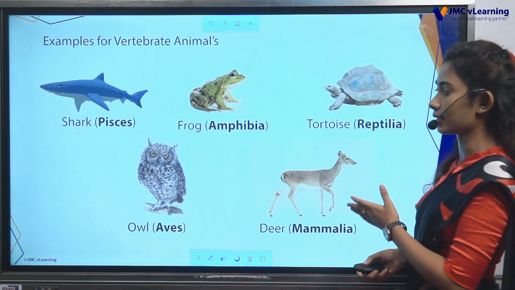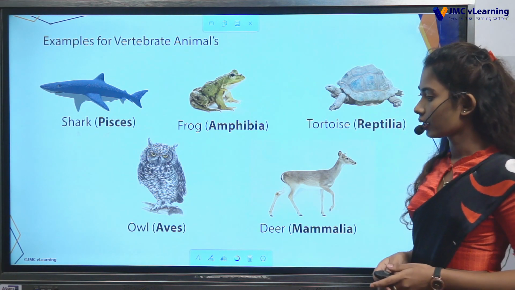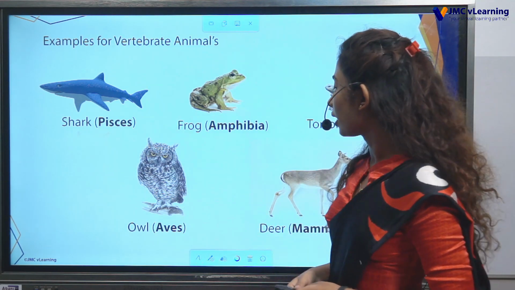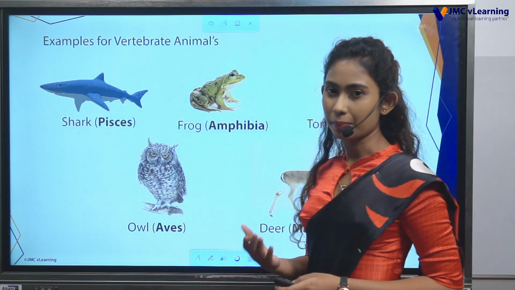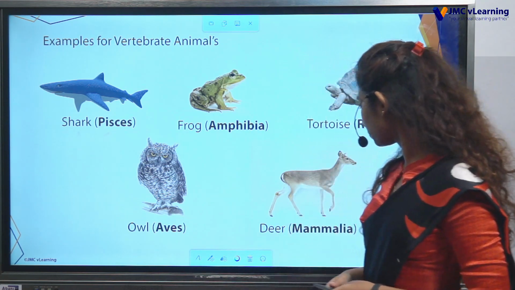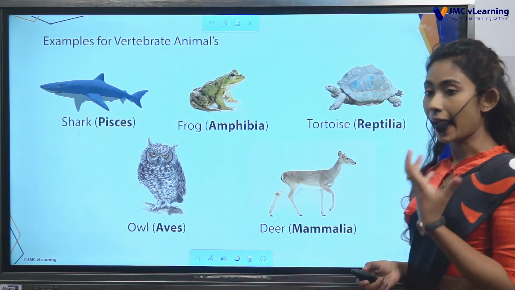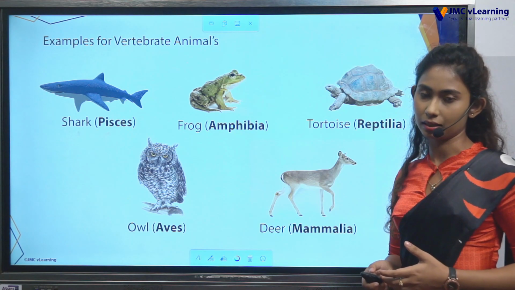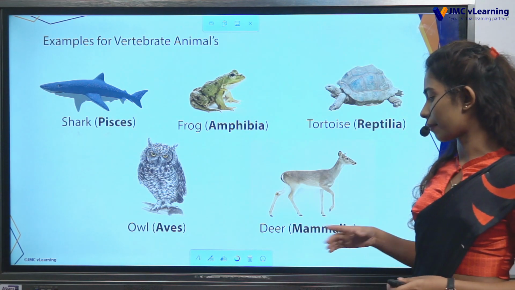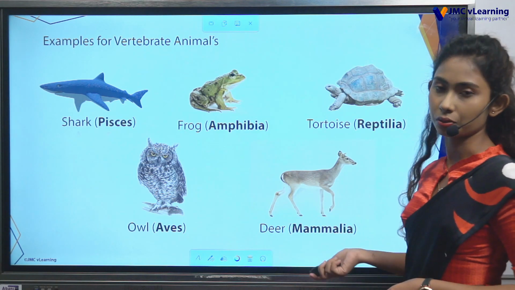They have dry skin, for example a tortoise. The fourth group is aves, which means birds, for example an owl. And the last one is mammalia. Mammalia are animals that feed on mother's milk. We humans are also included in the mammalia group. So here are the examples for the vertebrate groups.